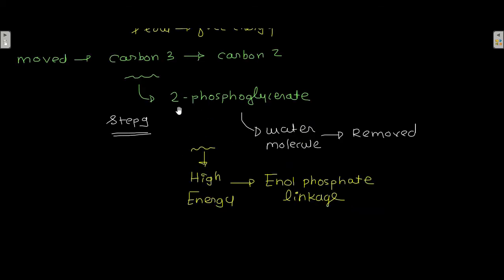Now from 2-phosphoglycerate, a water molecule is removed in step 9, and because of the removal of the water molecule, a high energy enol phosphate linkage is produced.